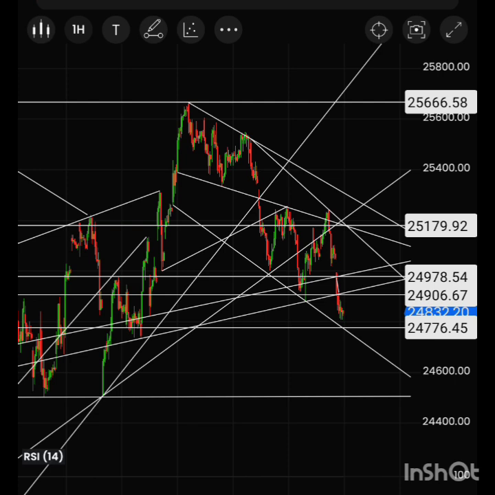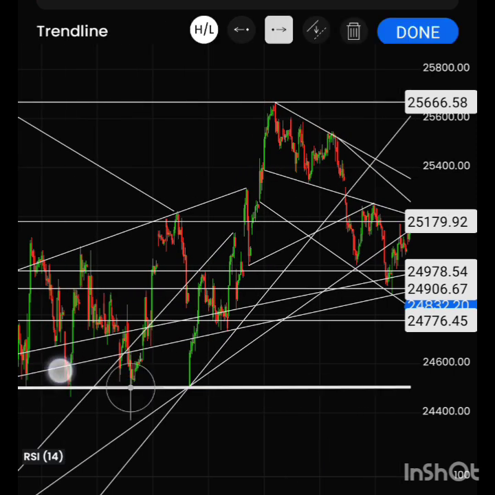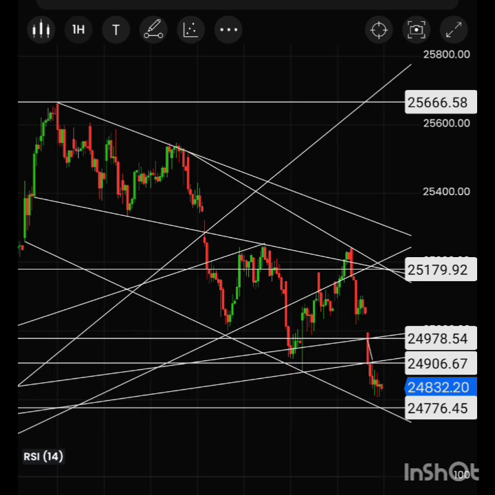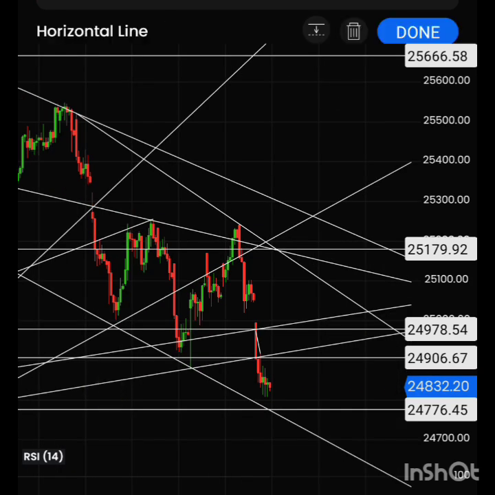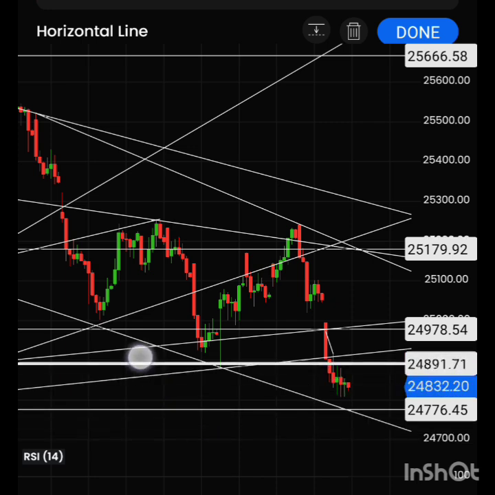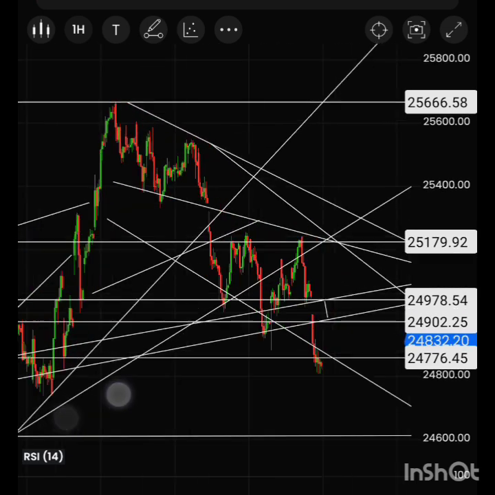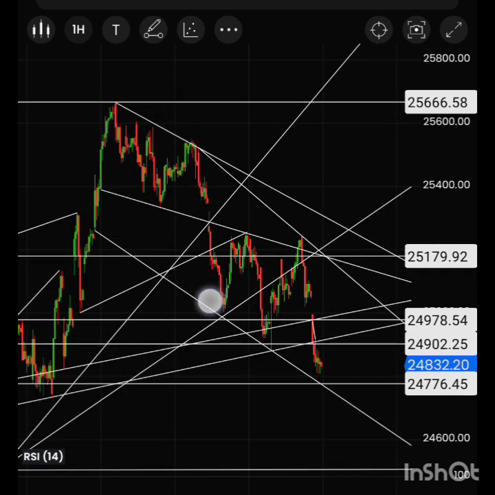Now in the 1 hour chart you can clearly see that this was the previous support here, this line, this range. So we had a breakdown here and we closed below this. That's a sign of a negative trend. You can see this downside movement here.